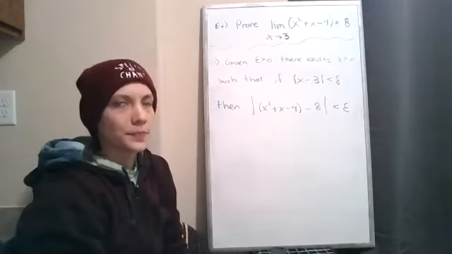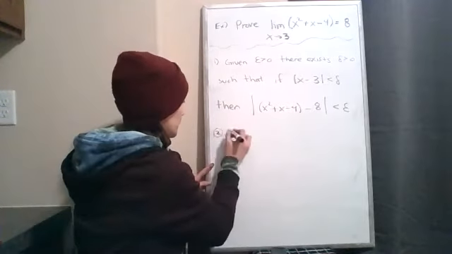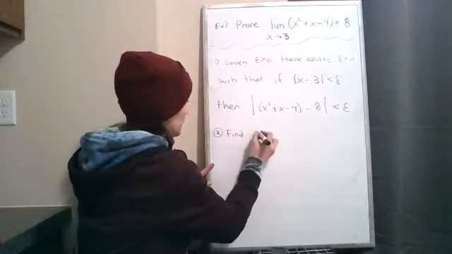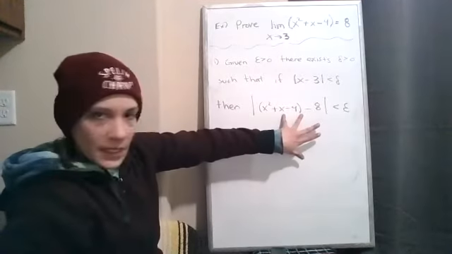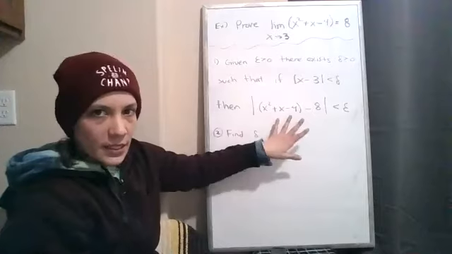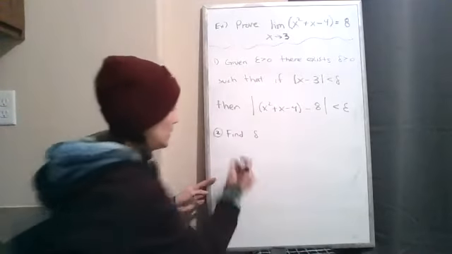Cool. Let's find delta. So we'll take this and do some scratch work. We're trying to get the difference between f of x and L less than epsilon.